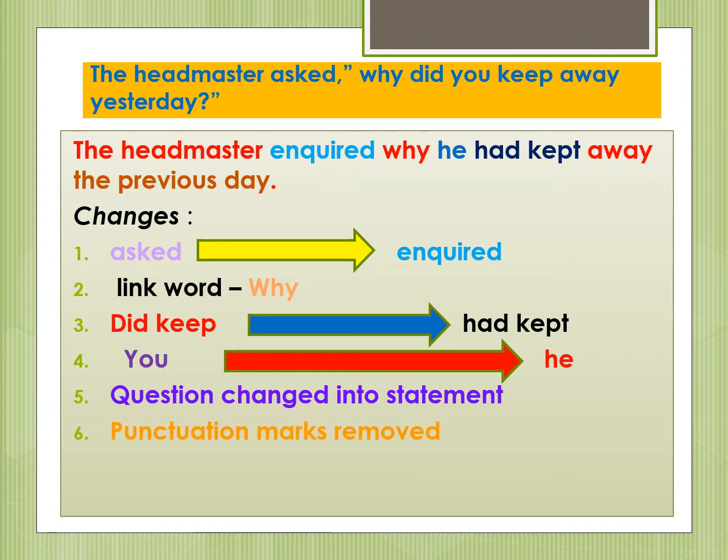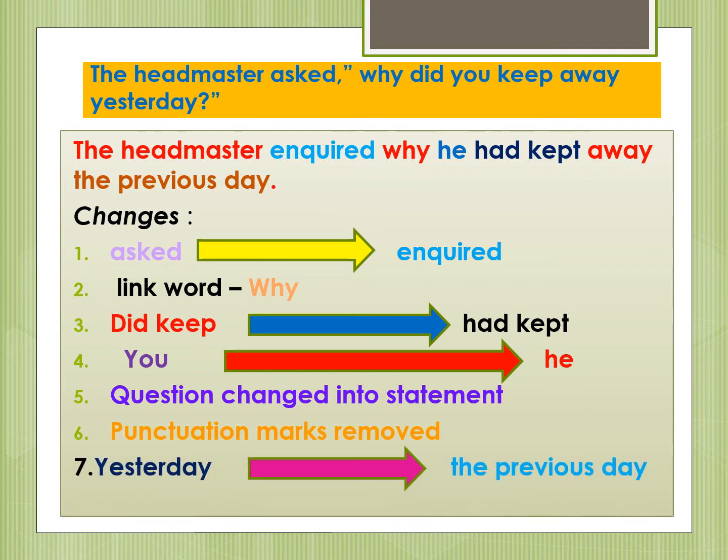Punctuation marks are removed. Nearness in time, yesterday, is changed to distance, the previous day. So here also seven changes took place when a direct speech question changed to indirect speech.